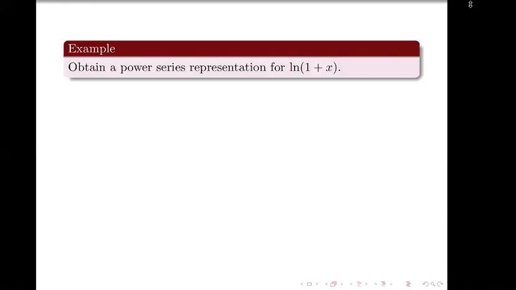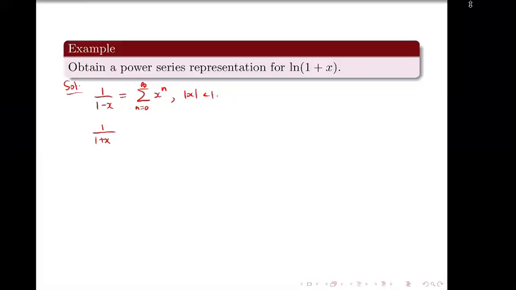So from here, this is what we know, 1 over 1 minus x is the sum x to the n from 0 to plus infinity, absolute value of x less than 1. And then we can write 1 over 1 plus x. We can have a power series representation for this.